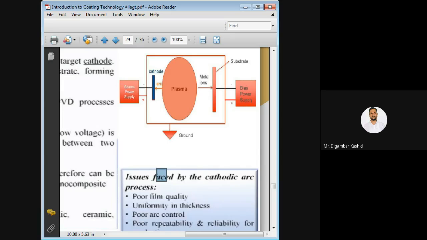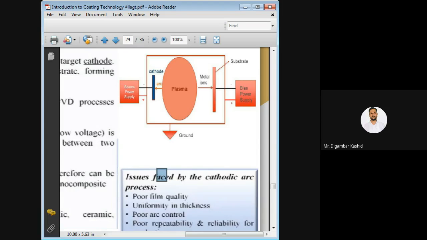You can see there, I also mentioned cathode. And then you are using the plasma. So that plasma ions will produce the arc, and that arc is going to the cathode side.